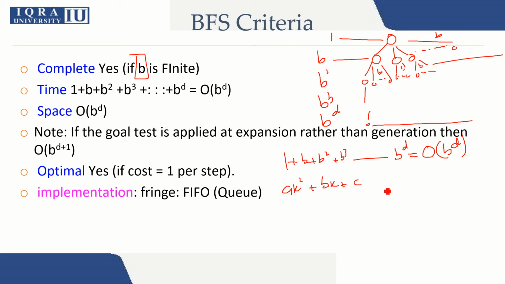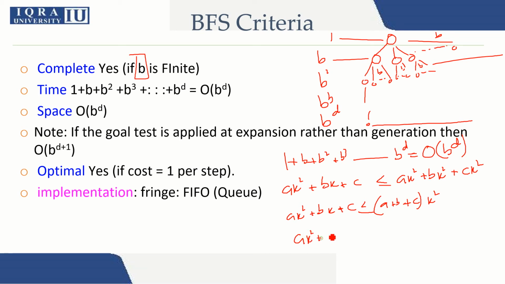Again we can see जनाब कि this should be less than or equal to ax square plus bx square plus cx square, and thus we can write that ax square plus bx plus c is less than or equal to (a plus b plus c) x square, and then we can say that it is less than or equal to, let's suppose, dx square. We can say a plus b plus c is equal to d, and as from algorithms we know we can write this thing as big O of x square. So basically this is the same thing that we have done over here.